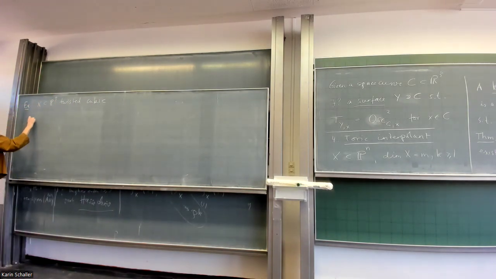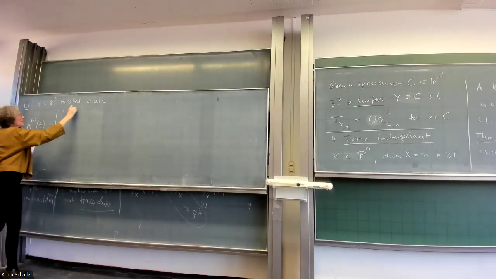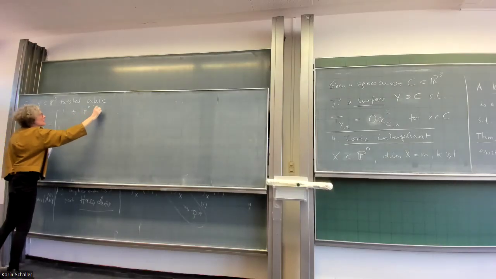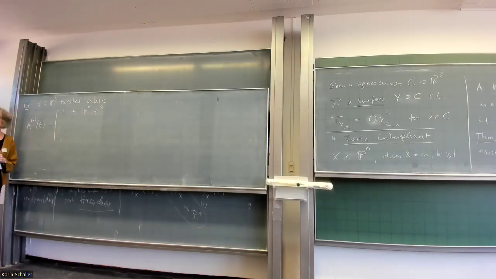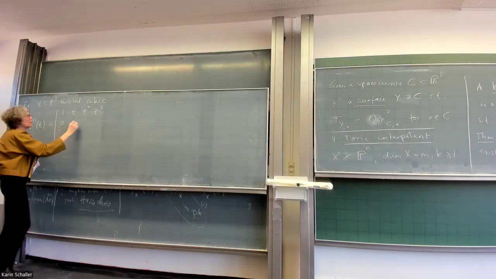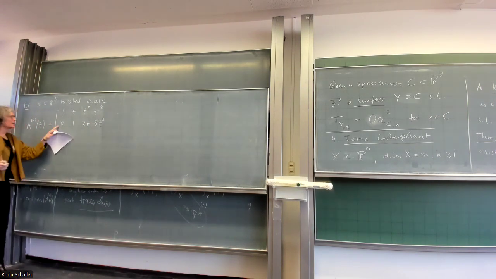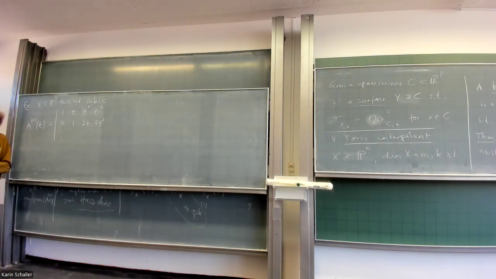So if I do this matrix, recall that this is my parameterization. Now I take differentials with respect to t. I only have t, so it's easy. And then I want to take second derivatives.